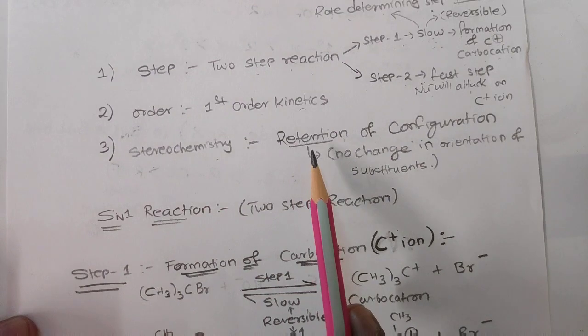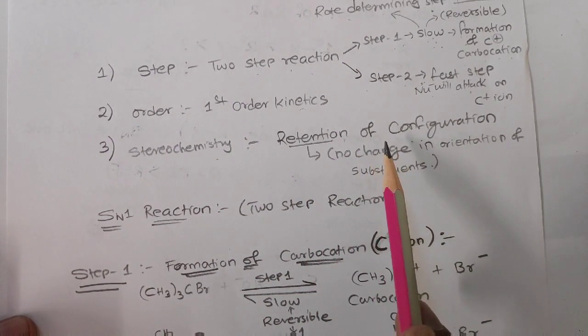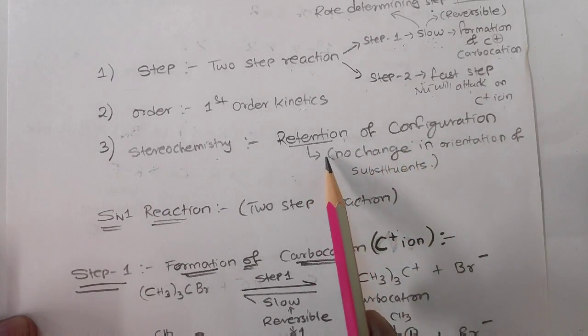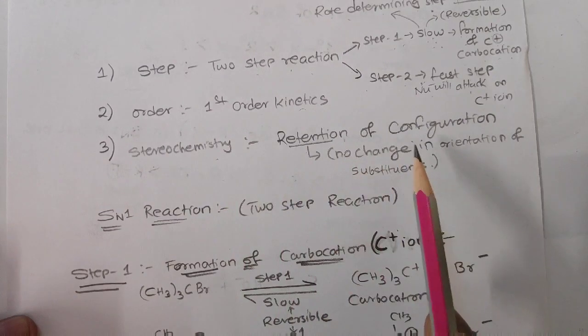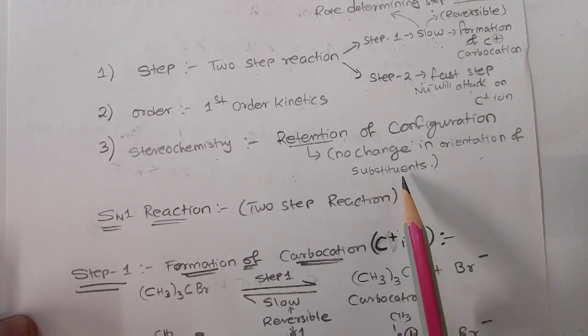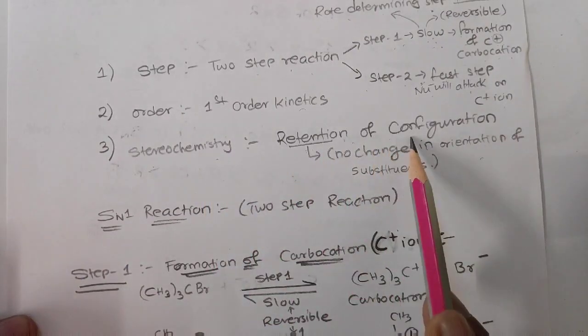Regarding stereochemistry, there is no inversion here, so the umbrella does not turn inside out as we discussed before. Retention of configuration means whatever orientation of the molecule and substituents was there before the reaction will be the same after the reaction. So the stereochemistry of this reaction is retention of configuration.